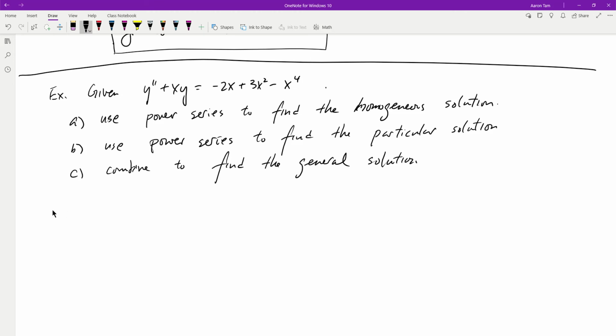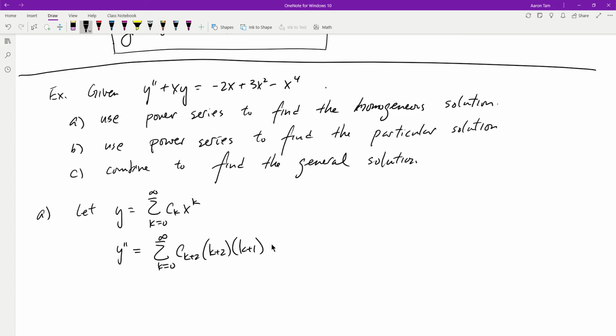So first of all, let's start with our homogeneous solution first. We're going to let y equal to summation k from 0 to infinity, c sub k, x to the k. And we already know what y double prime is, so I'm just going to write out my y double prime, which is summation k from 0 to infinity, c sub k plus 2, k plus 2, k plus 1, x to the k.